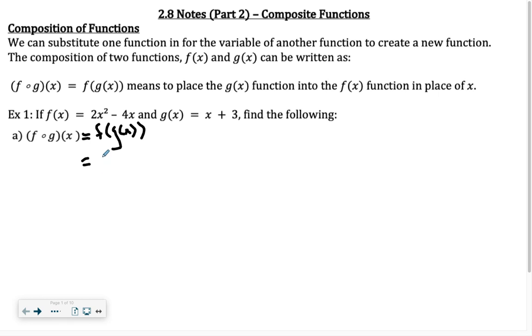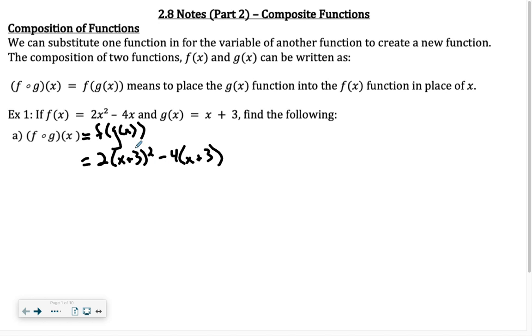So that's going to look like this. I'll have 2 times x plus 3 squared. I'm just replacing this x with g of x, with x plus 3, minus 4 times x plus 3. And then we want to simplify this as much as we can.